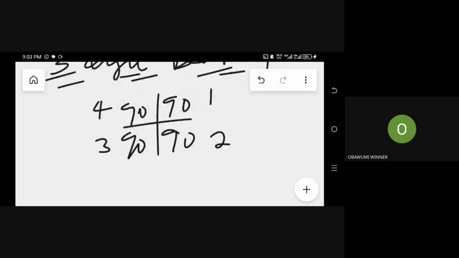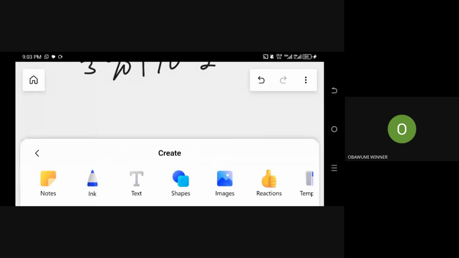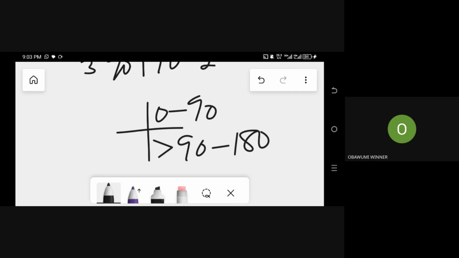Any angle that is given to you that falls somewhere between 0 and 90 degrees should be located in the first quadrant. Then in the second quadrant, we said angles that are greater than 90 to 180. That is what you can find in the second quadrant.